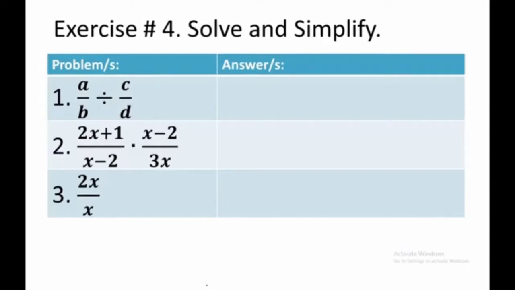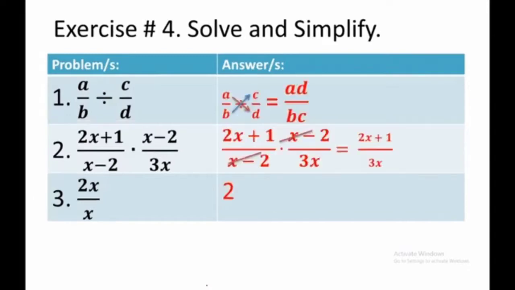Your time is up. Now let us check your answer. So for the division of the two fractions here, two rational numbers, that is a over b divided by c over d, what you are going to do is cross multiply. So a times d divided by b times c.